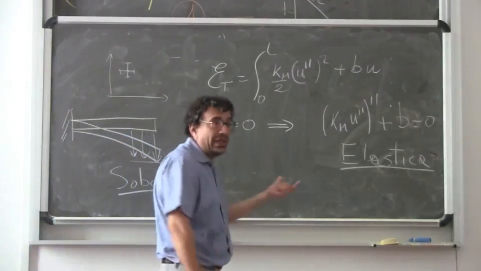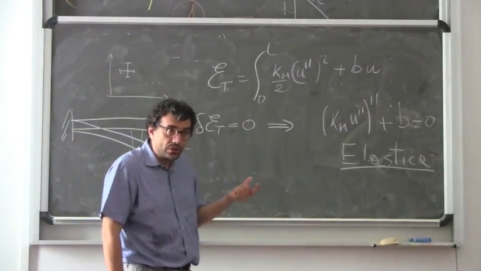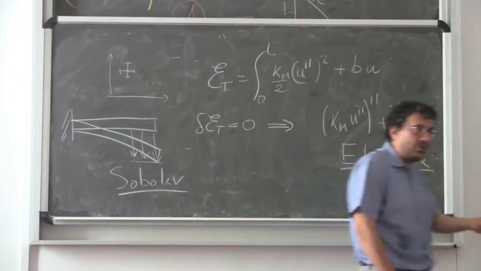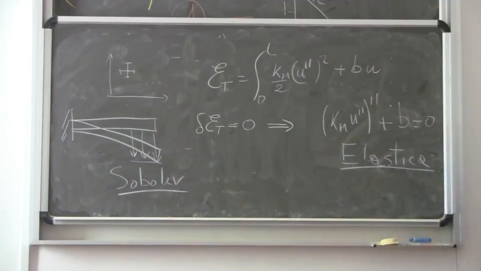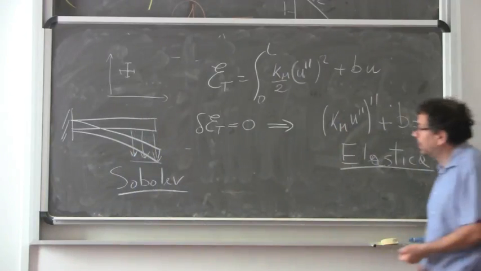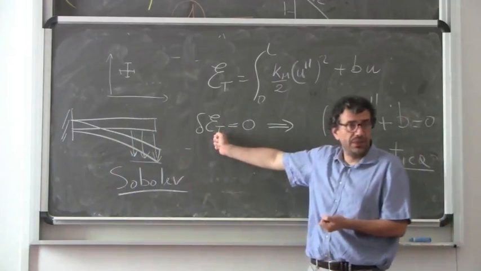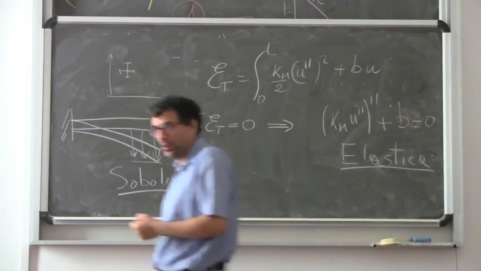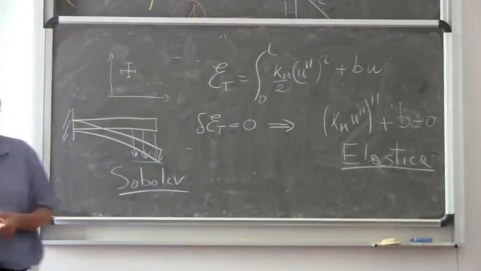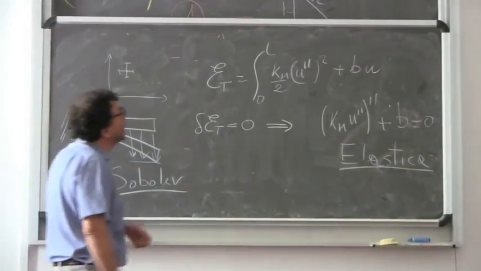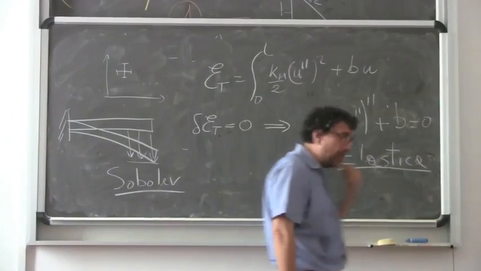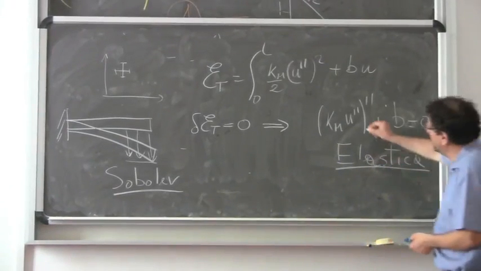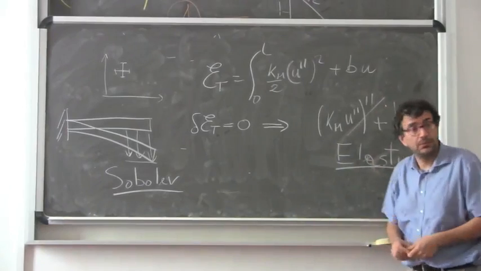Then you have boundary conditions. Either you impose mathematical boundary conditions or you deduce, starting from this equality, suitable boundary conditions. Okay? Good. But for doing this process, you need 4 derivatives.